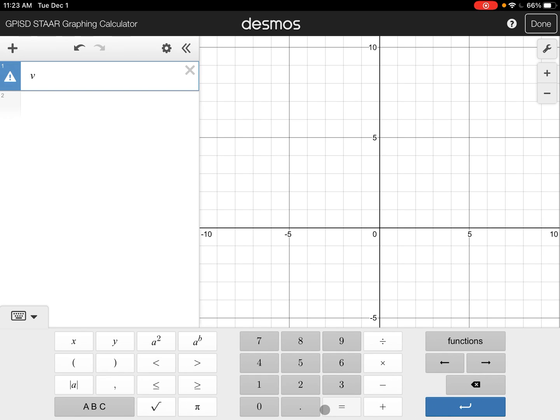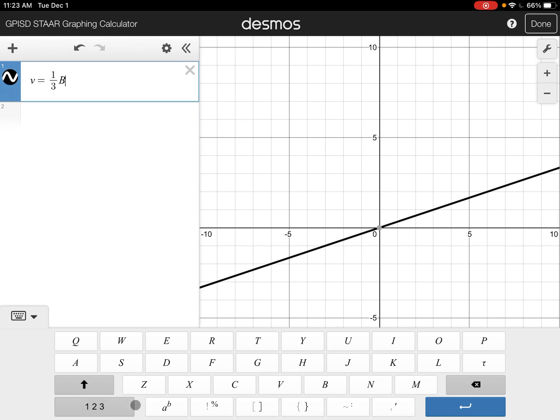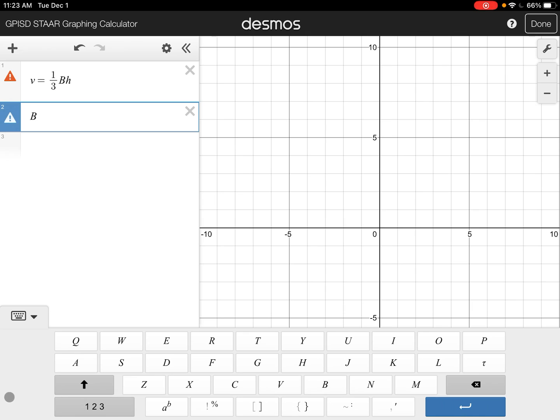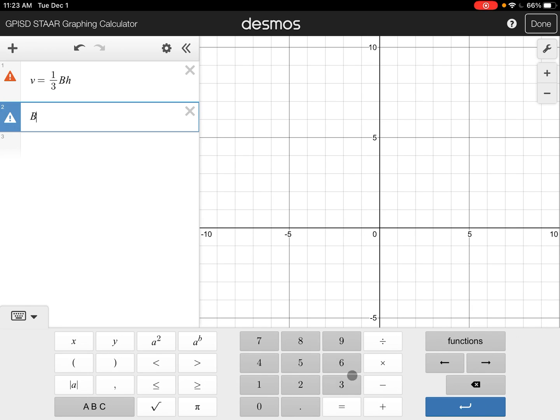Volume equals 1/3 big B times height. And so then I can tell Desmos that B equals pi.